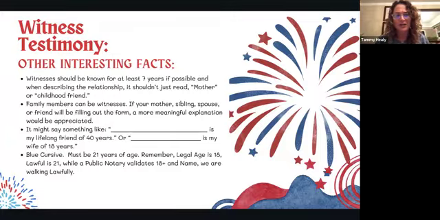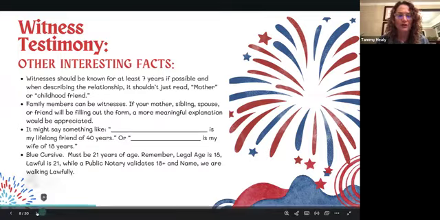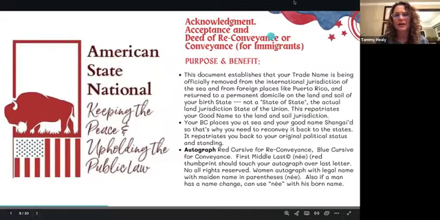But the 1779 declaration and the two witness testimonies are the 3 papers, the documents that actually get you back to the land and soil. Everything moving forward is highly recommended that people do because this is where the paperwork is going to work in your favor when it comes to the de facto. Okay. All right. So moving on here.